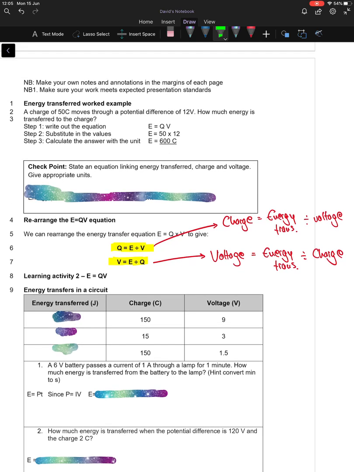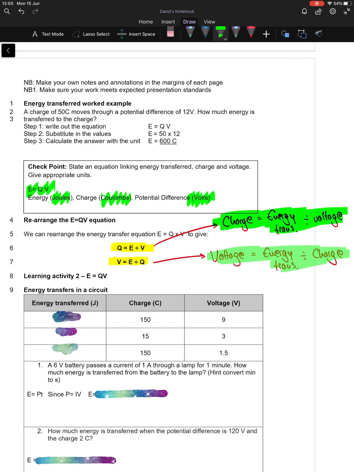Now, let's have a look at some examples. So, as I said, we need to know the equation. We need to know that energy is joules, charge is coulombs, and potential difference is volts. And make a note of the rearrangements.